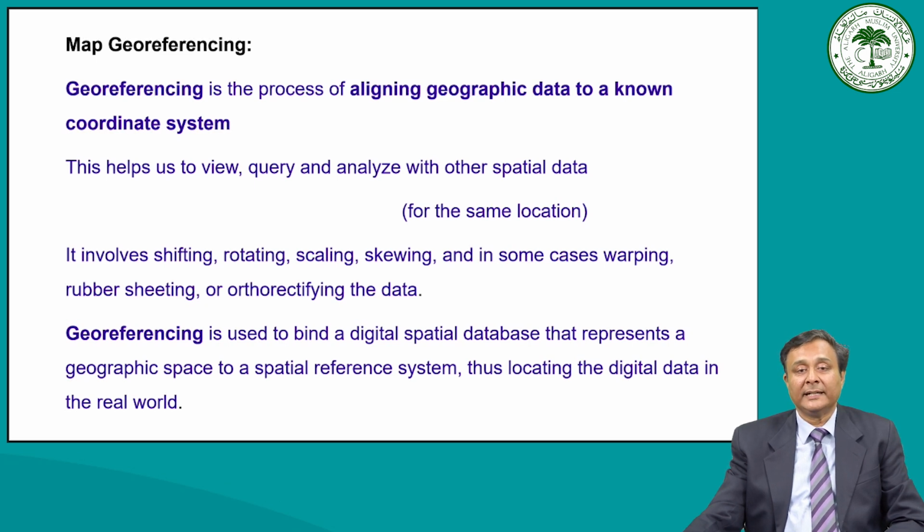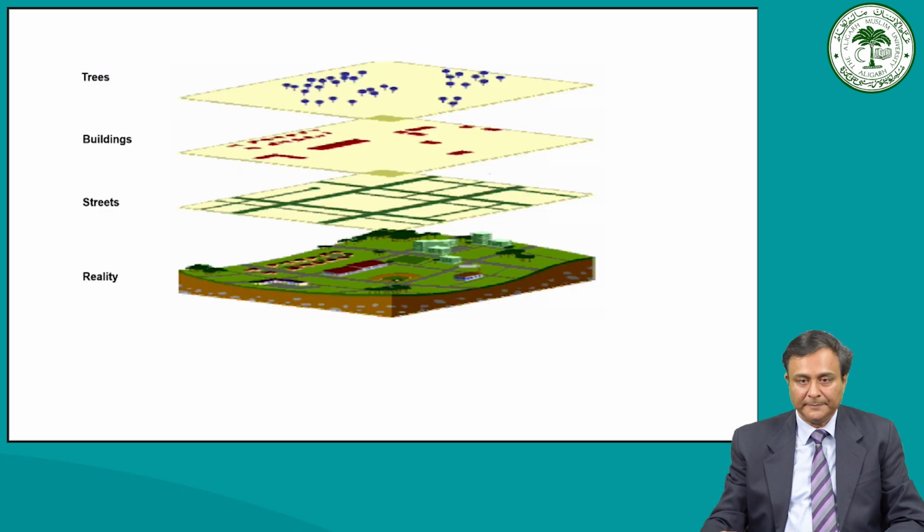So that is why spatial data in digital mode has great relevance in modern day representation of spatial phenomena. And georeferencing is used to bind the digital spatial database that represents a geographic space to a spatial reference system. Thus, this way we are locating the digital data in the real world.